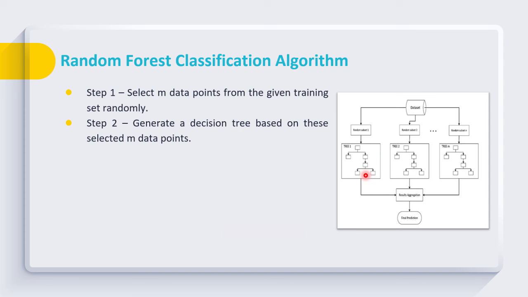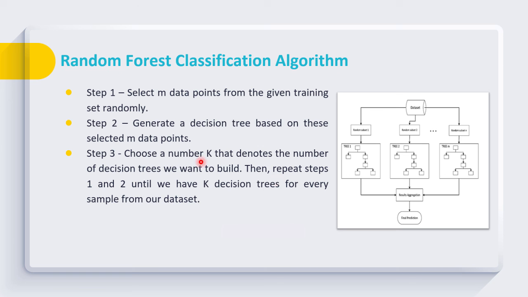Since we want to make multiple decision trees, we will choose a number k, which indicates the number of decision trees we want to build. In step 3, we repeat steps 1 and 2 until we have k decision trees. As shown in this figure, I am showing 3 decision trees. So k will be 3 in this case, and steps 1 and 2 will be repeated 3 times to create 3 different decision trees.